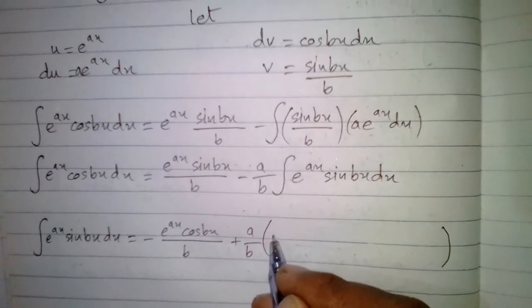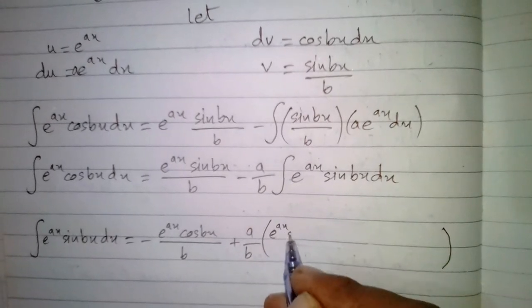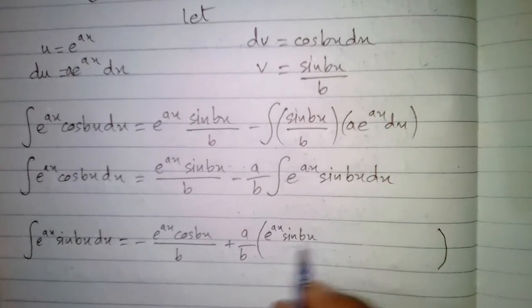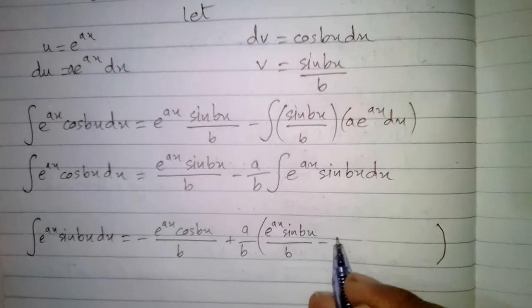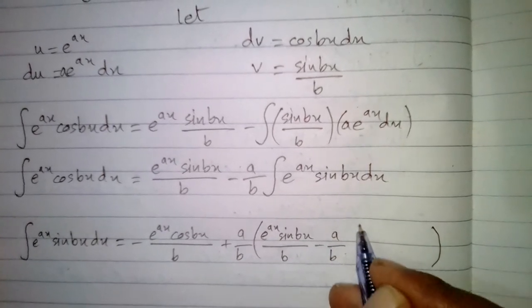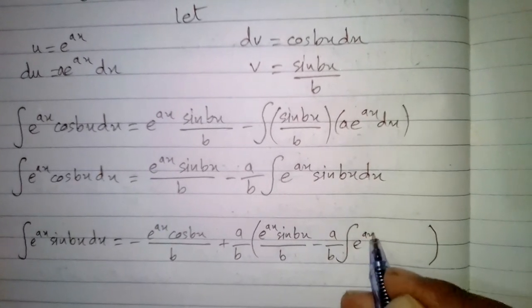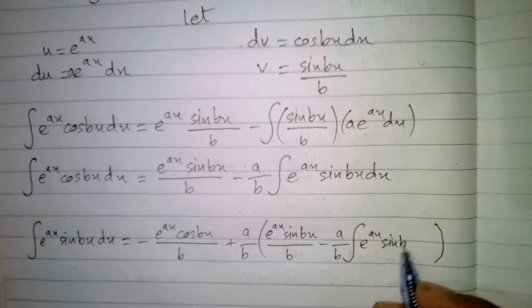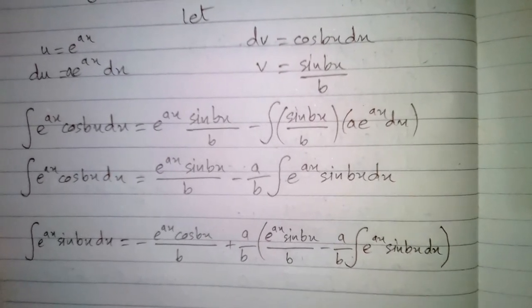So we have e to the power ax sine bx upon b minus a upon b integral of e to the power ax sine bx dx.